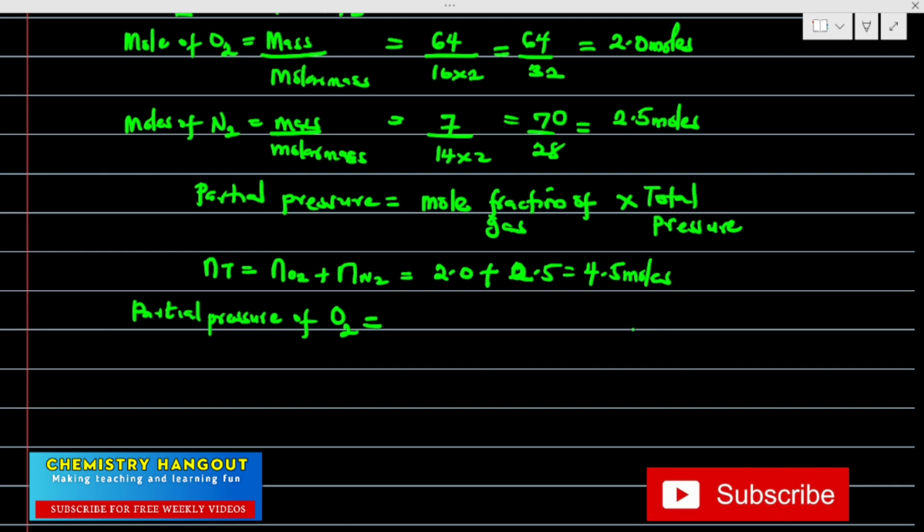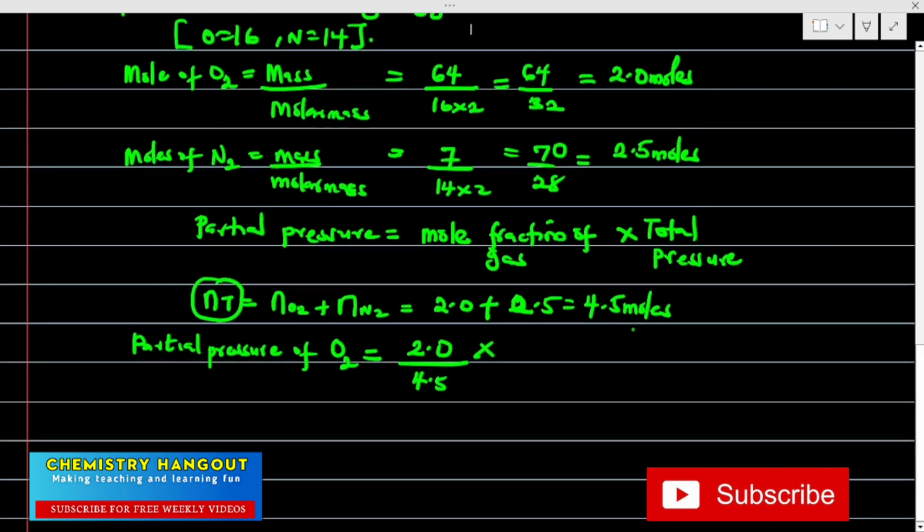And the mole of oxygen is 2.0 over the total, which is our NT, the total of the two moles, that will be 4.5, times the total pressure as stated in the question.